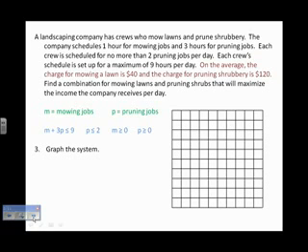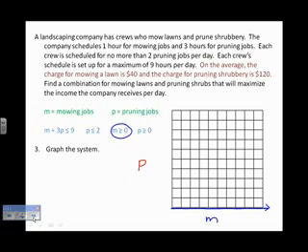I have the mowing has to be greater than or equal to 0. So I'm going to go ahead and put these 2 constraints on my graph, and that happens to be my x-axis. So this is my mowing, and I'm going to use my pruning as my y-axis.